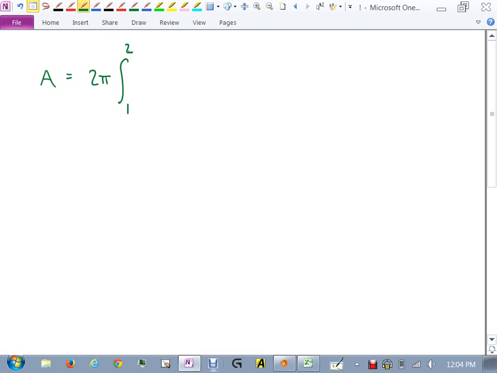So the original function, which was 1/4 x squared minus half natural log x, times the square root of that, which we just determined was 1/2 x plus 1 over 2x, dx.